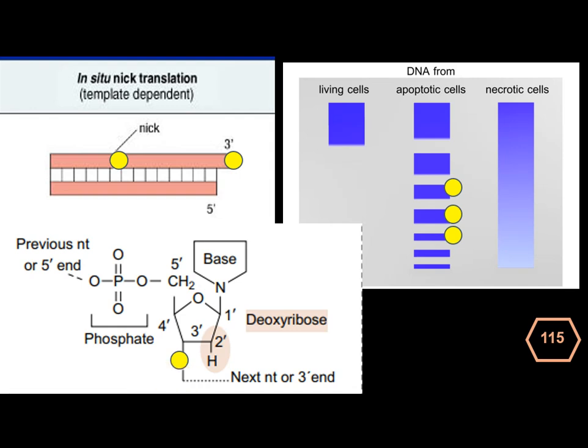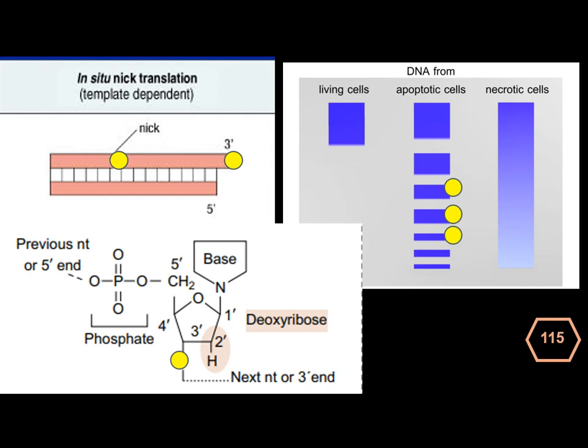And so what happens in the TUNEL assay is that we don't use polymerase for adding the fluorescent dye. We use a nucleic acid transferase, which only adds one nucleotide at a time. It doesn't polymerize. Okay? It adds one nucleotide at the 3' end.